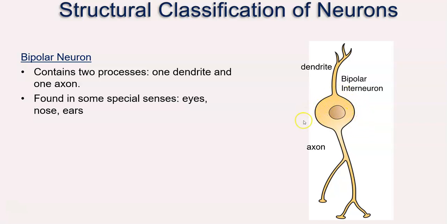You find bipolar neurons in your special senses of your eyes, nose, and ears. They're shaped a little differently because of the way they interpret that. Unfortunately, we don't get to go into our special senses. We run out of time, especially now with 8 weeks. So we won't be looking at those, but I'd like you to know that bipolar neurons are in your senses.